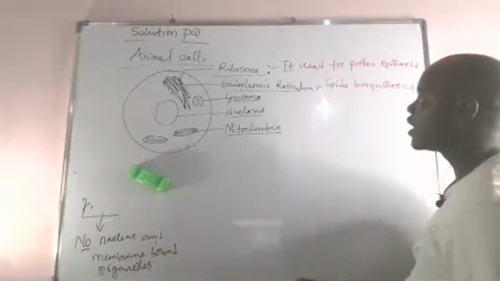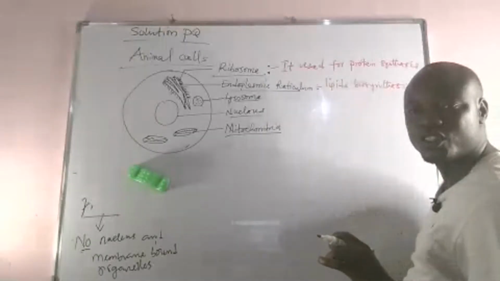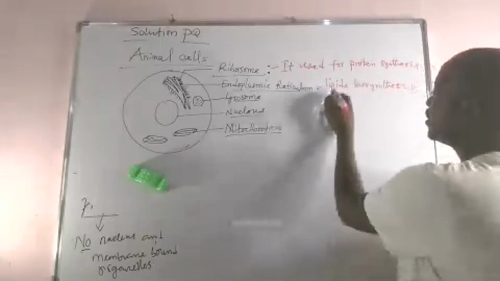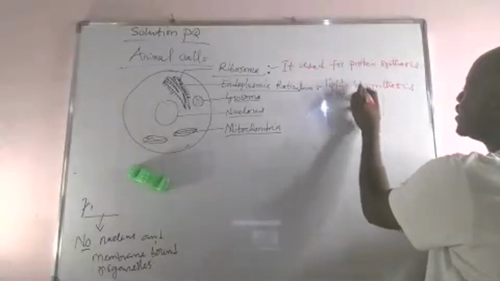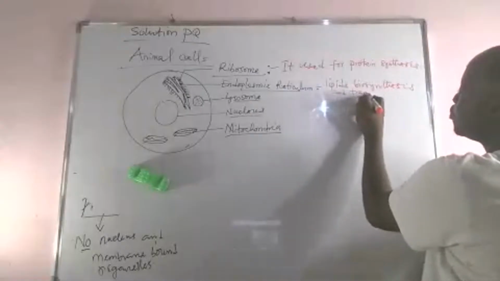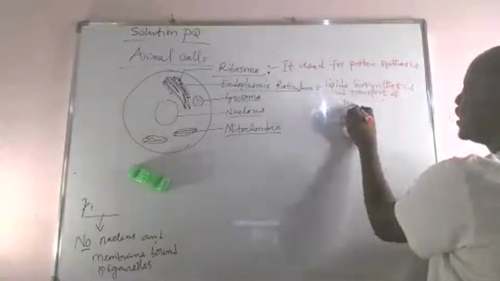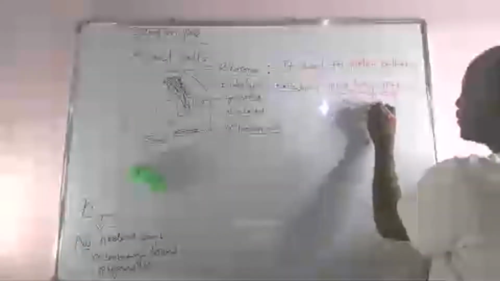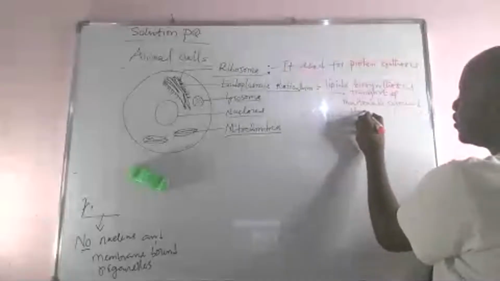And I can also agree it's important in lipid biosynthesis and transport of materials around the cell. So I will add this: endoplasmic reticulum is used for lipid biosynthesis and transport of materials around the cell.